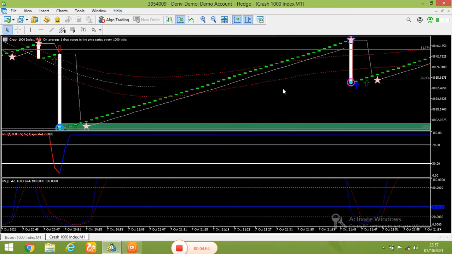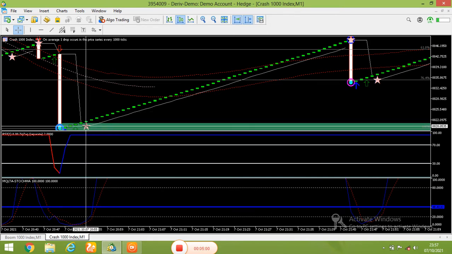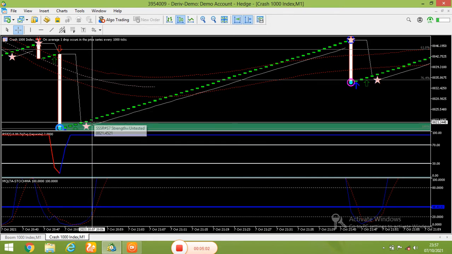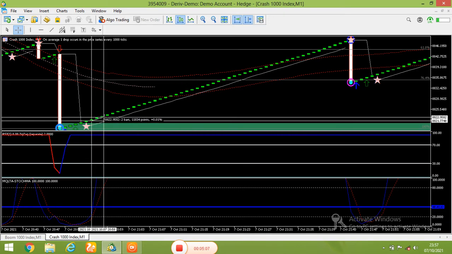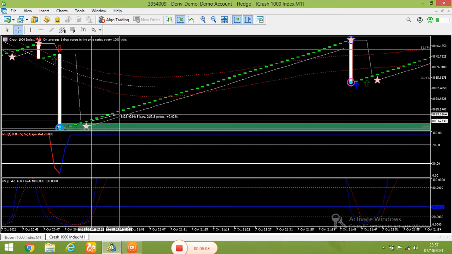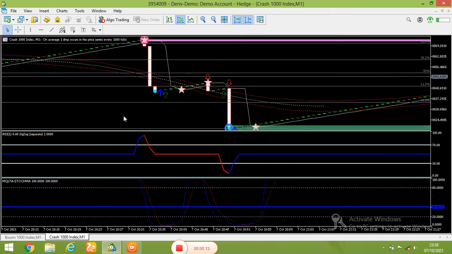But what we are interested in is taking our 5-minute candles, 5 candles after the appearance of the star. From this entry point we go 1, 2, 3, 4, 5. Five candles, we are out of the market.